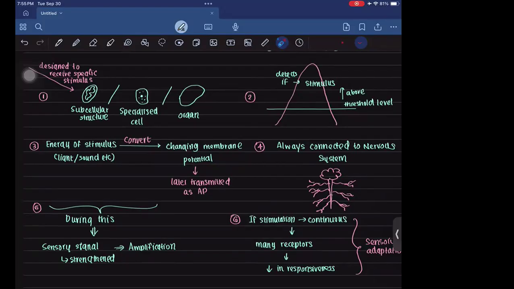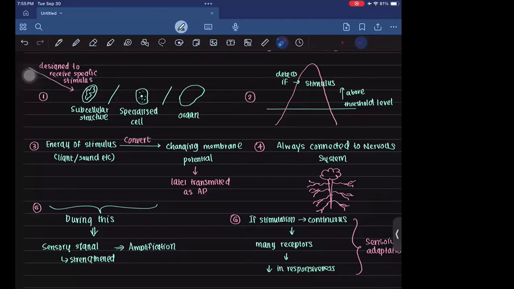So what is the third basic characteristic? All of them have the ability to convert the energy of the stimulus into changing membrane potential. They are trying to tell the brain, okay, there's something happening outside, so you have to look at it. But it can't convey the information the way we communicate. It can convey the information to your central nervous system, your brain, only through neurons.